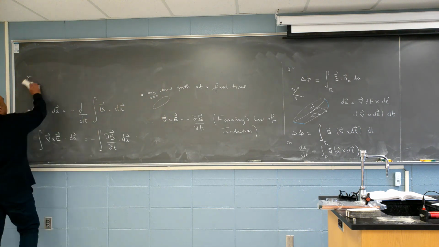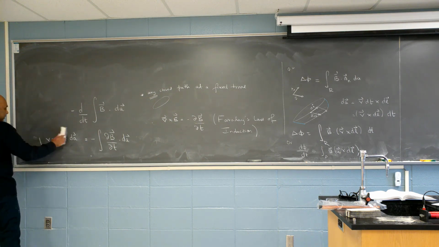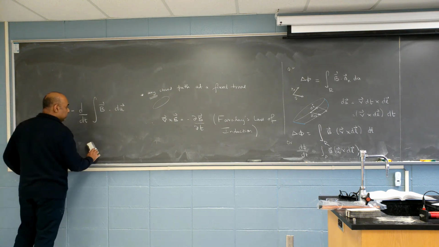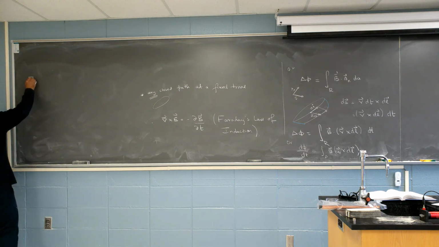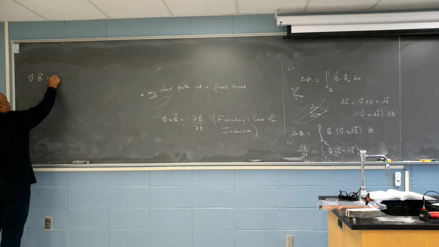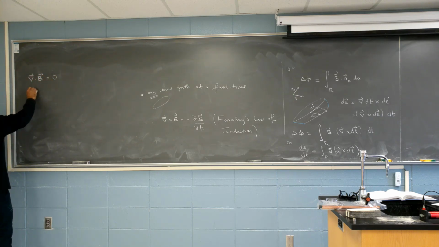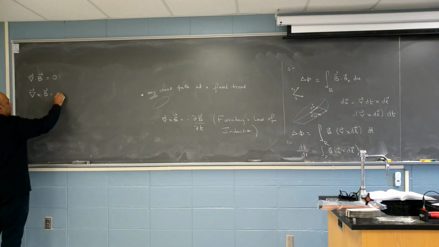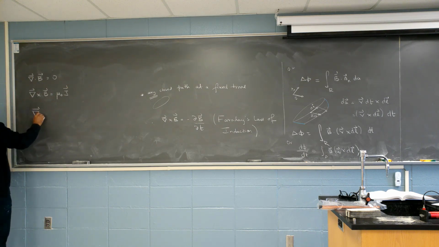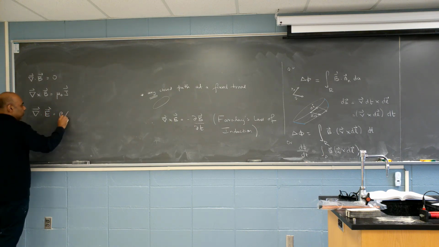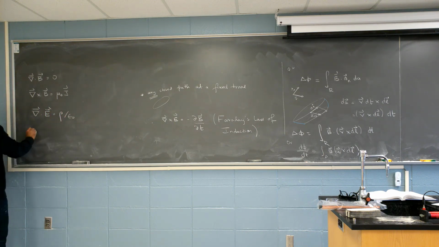So now our laws of electrodynamics look like this. Divergence of B is 0. Del cross B is mu 0 J. Divergence of E equals rho over epsilon naught.